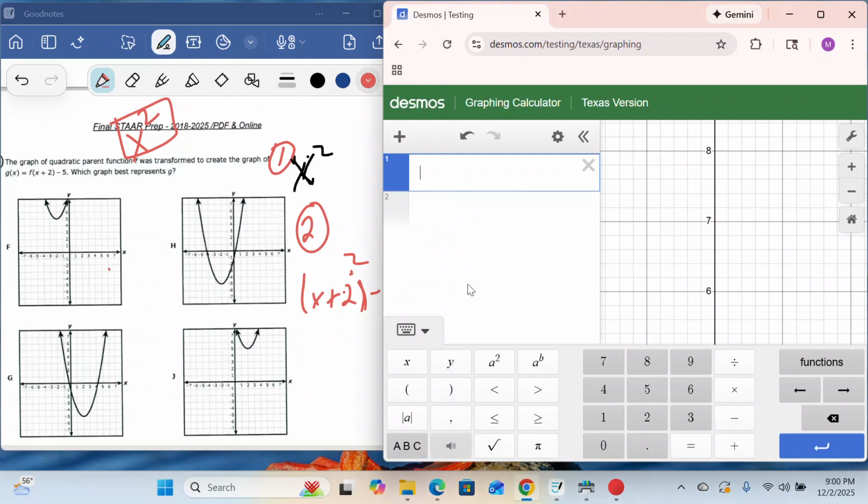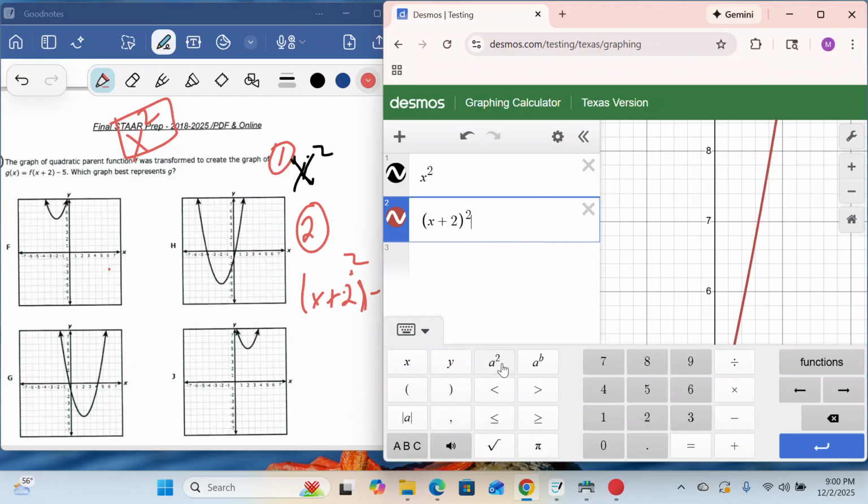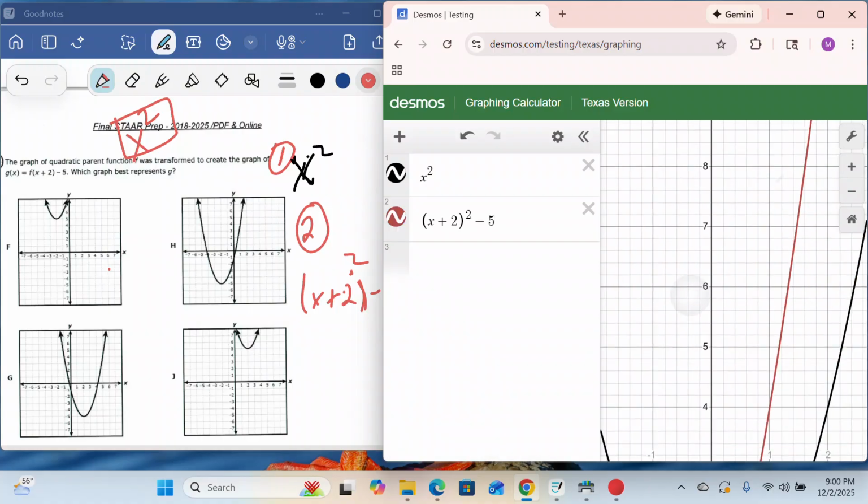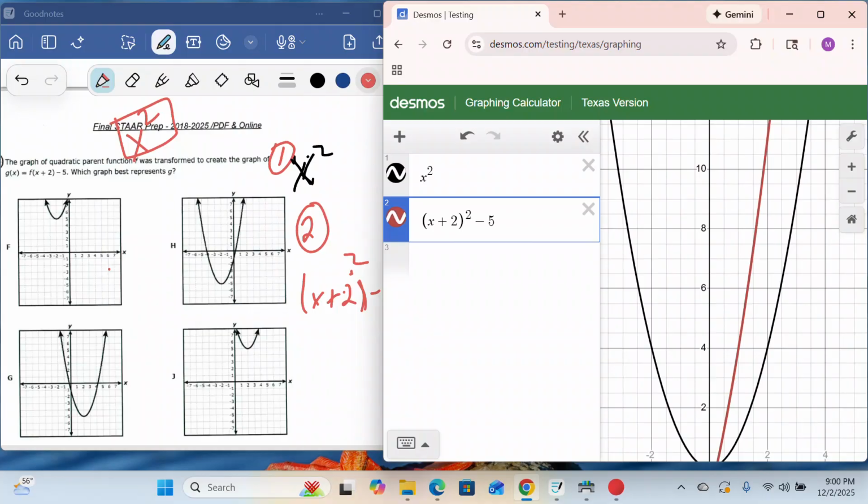So on the first one, I would just put x squared. And on the second one, I would just do open parentheses, x plus 2, close parentheses, quantity squared, minus 5. So let's see what happened to the quadratic here.